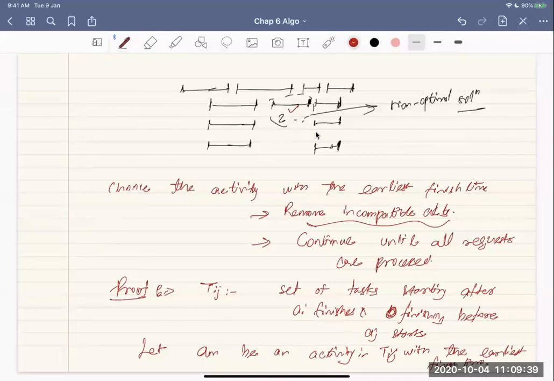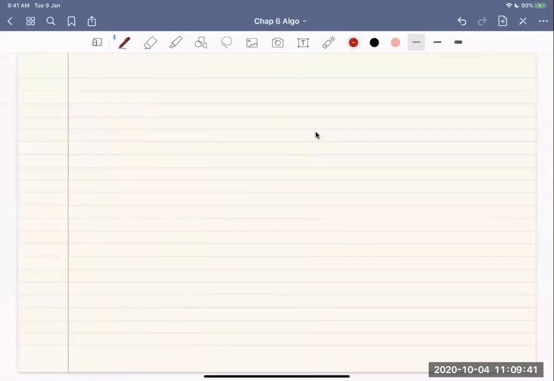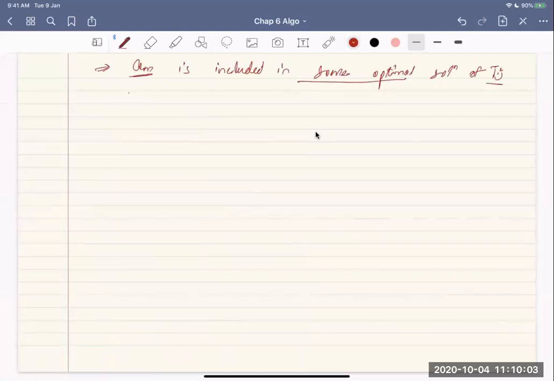Okay. Now, what my greedy property says is that I have to choose Am. That means Am is included in some optimal solution of Tij. Now, this is what I have to prove. So, if Am is the activity with the smallest finish time, it is included in some optimal solution of Tij.